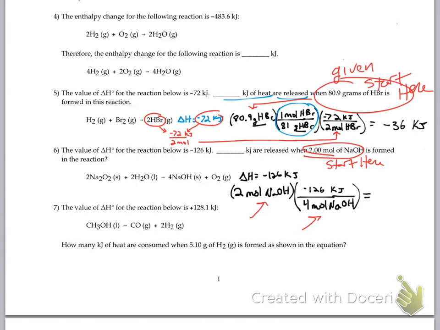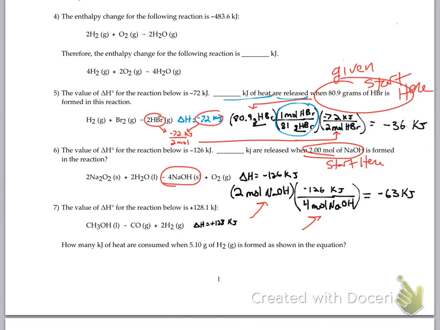We know there's 126 kilojoules per 4 moles of NaOH. Multiply the two together, and we get negative 63 kilojoules of energy produced.